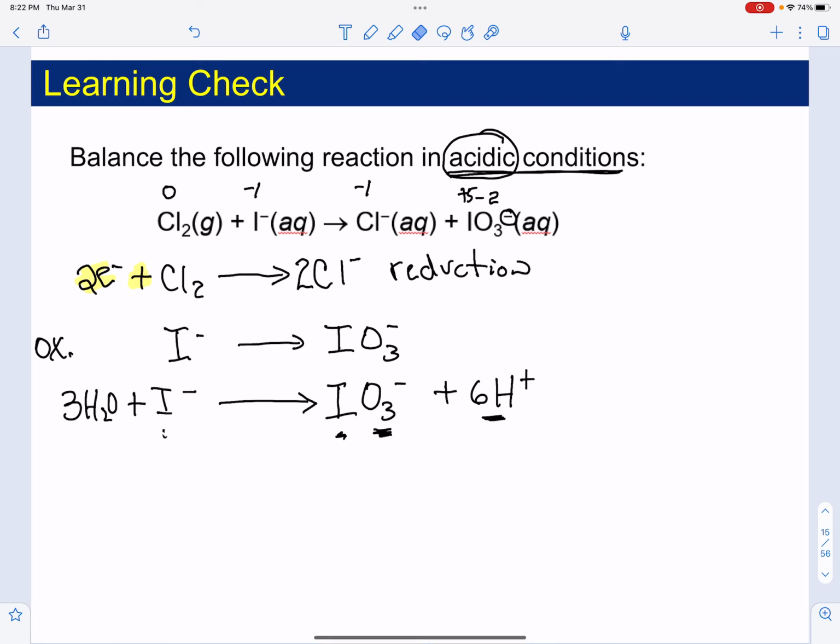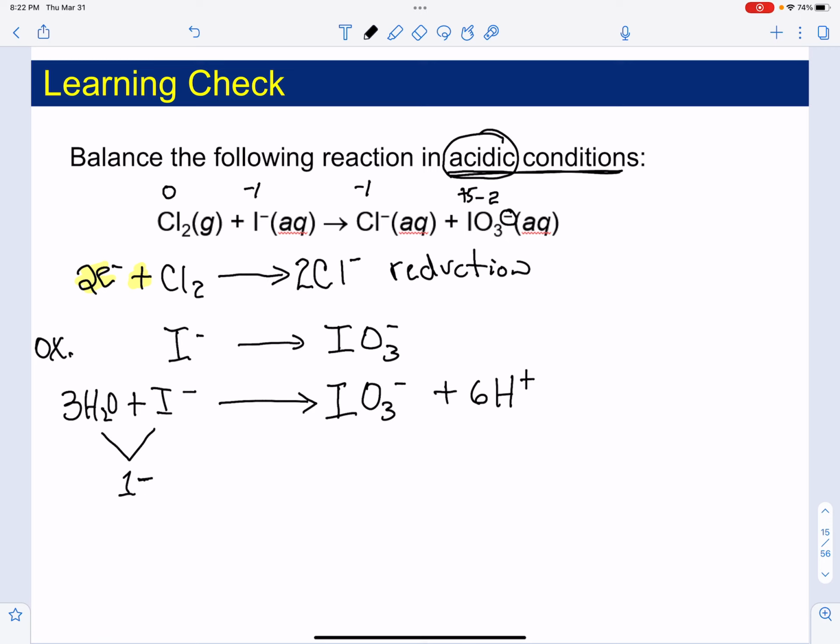Now we have to make sure that the charge on both sides is the same. On the left side, we have a total charge of -1. Or actually, that's how we write oxidation numbers, 1 negative, sorry, 1 negative.